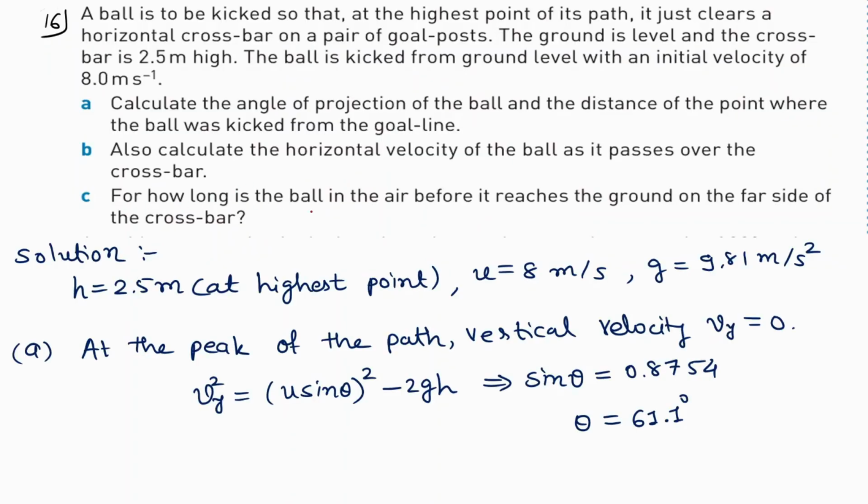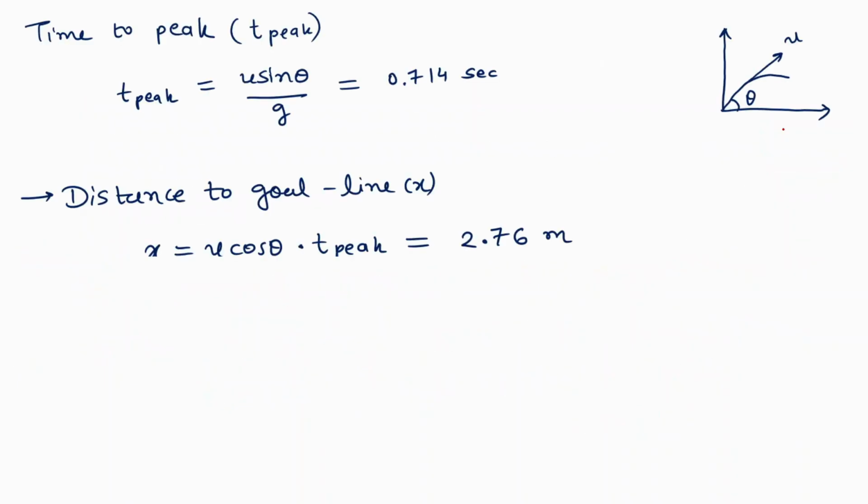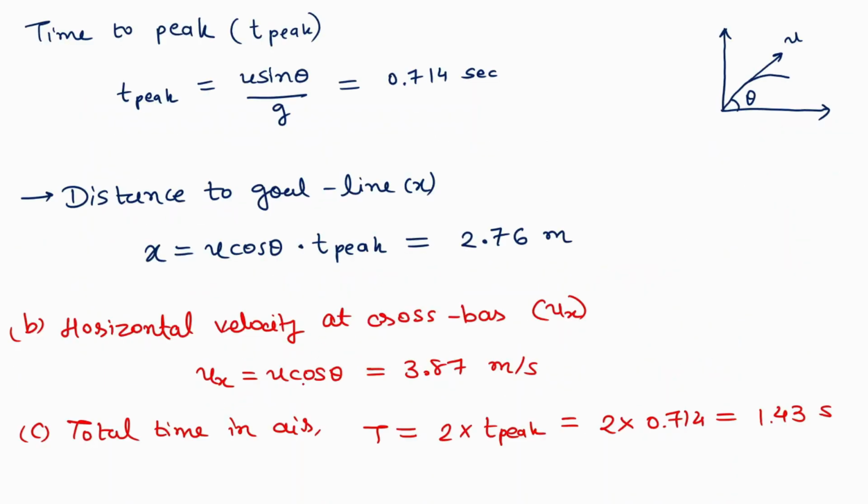Now, for how long is the ball in the air before it reaches the ground on the far side of the crossbar? It means how much time it takes from this position to this position. You know the horizontal velocity is u cos theta, 3.87 meter per second.